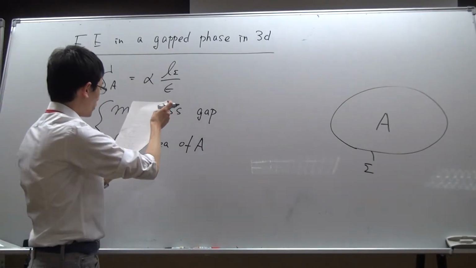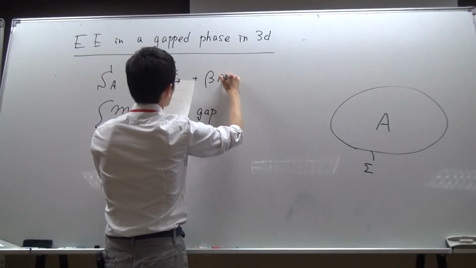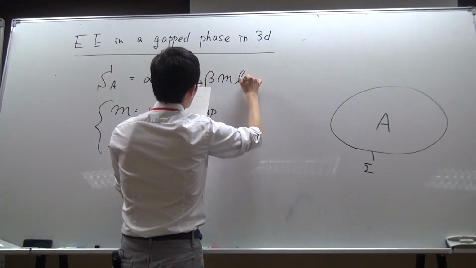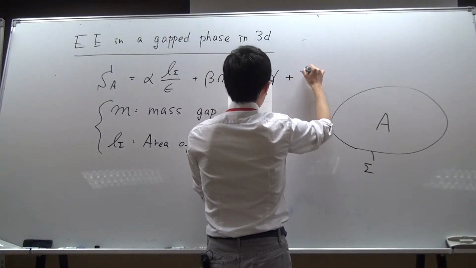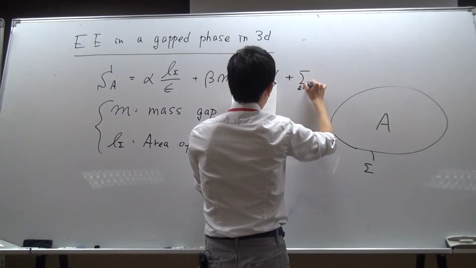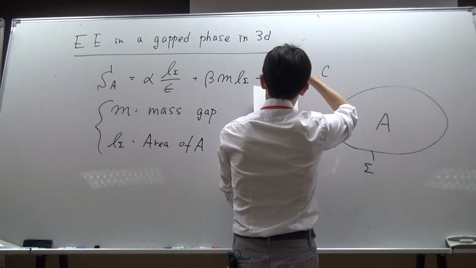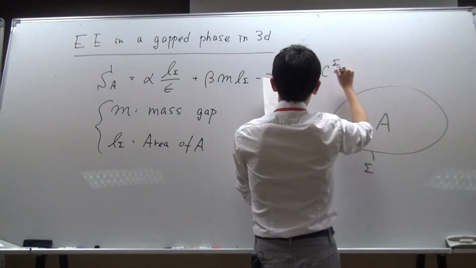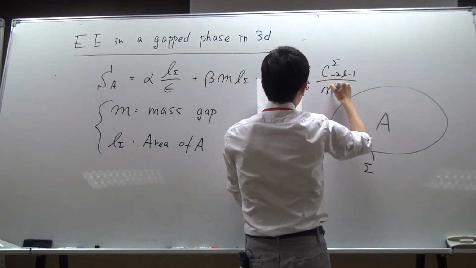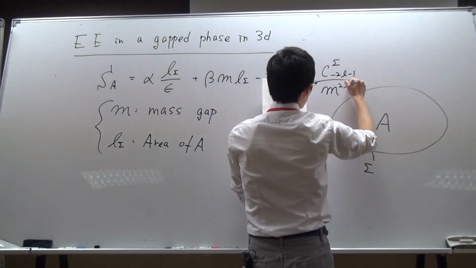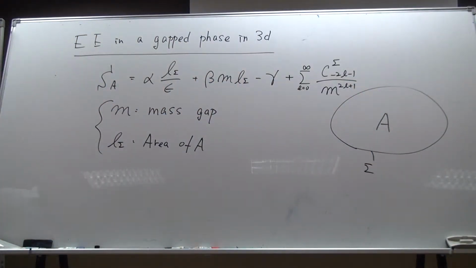The most general form of the entanglement entropy is as follows. You have a term linear in M, and also a constant term, which I will call gamma, and then you have expansions with respect to the mass gap. Okay, so this is the general form.